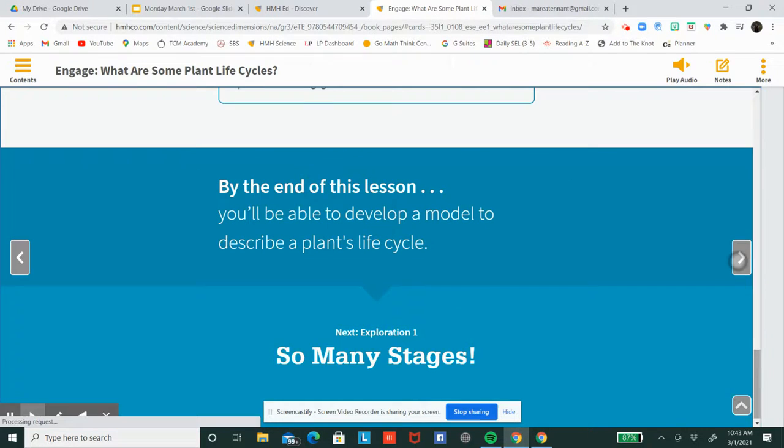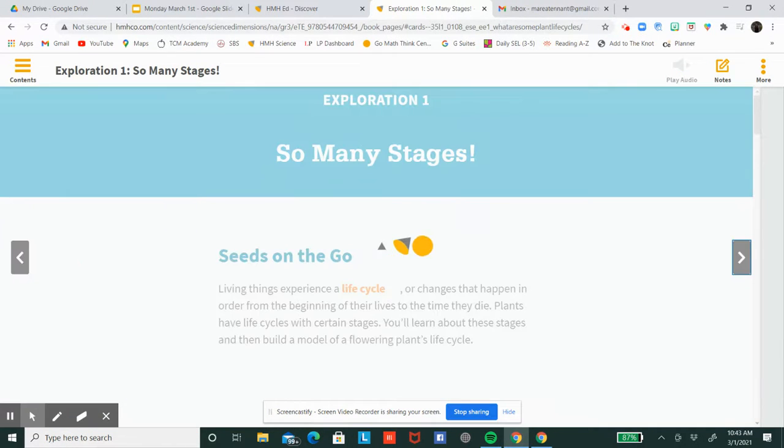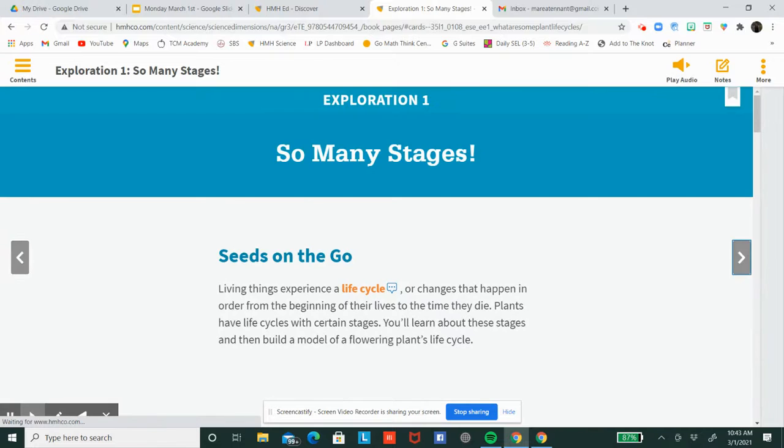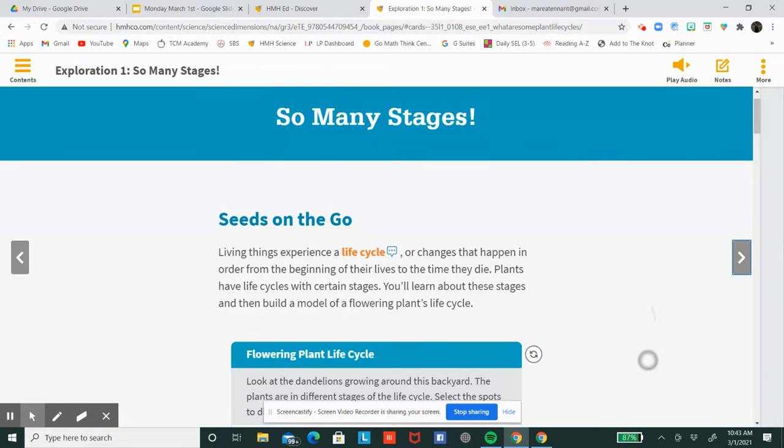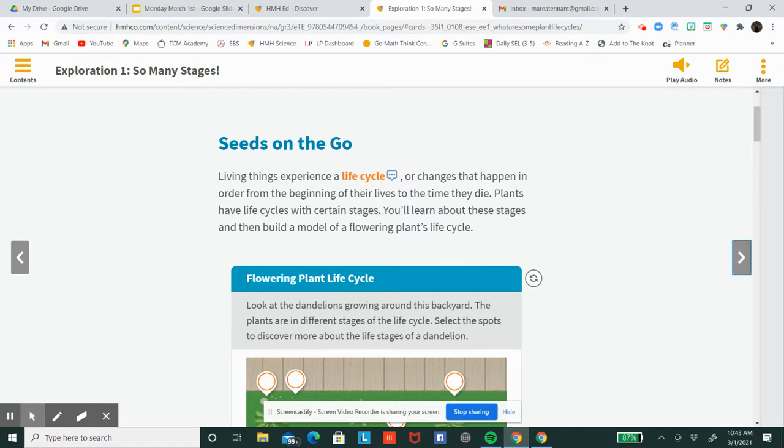All right, let's go to page 186, looking at the stages. So, seeds on the go. Living things experience what we call a life cycle, which means changes that happen in order from the beginning of their lives to the time that they die.